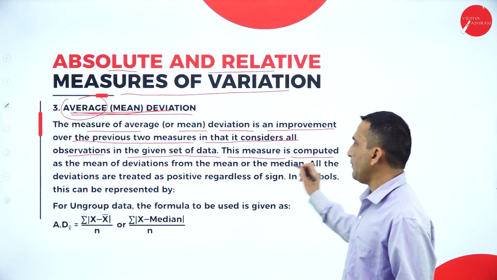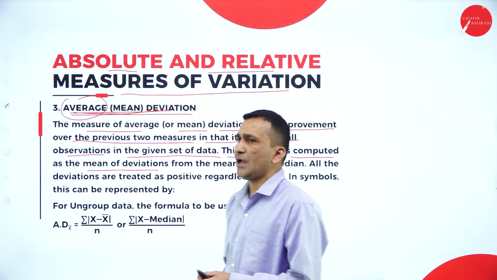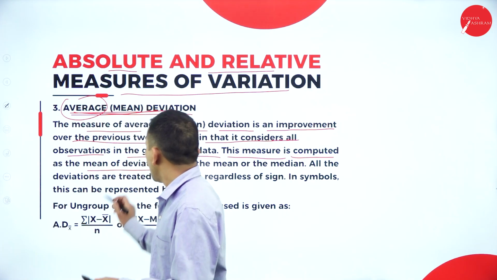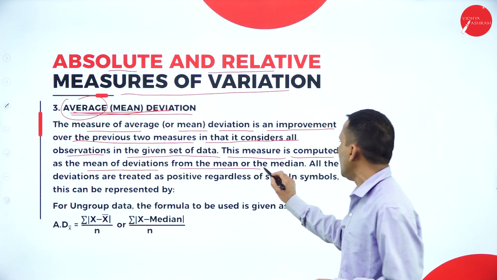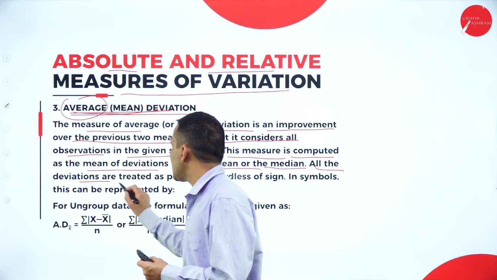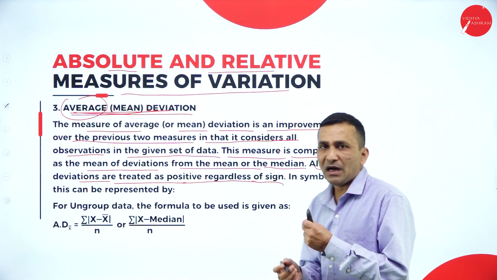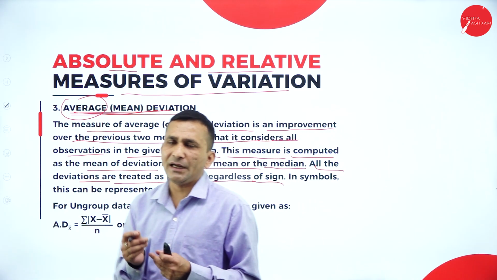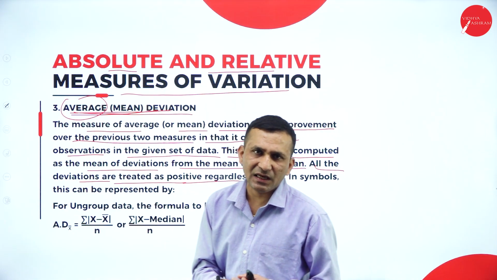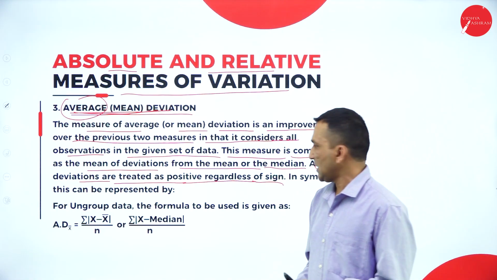This measure is computed as a mean deviation because we are taking an average like the mean, median or mode: mean deviation from the mean, median or mode. All the deviations are treated as positive regardless of sign. If you subtract and get a minus sign, we are not bothered about the sign. We just ignore the sign here.